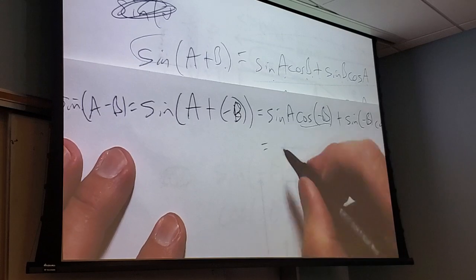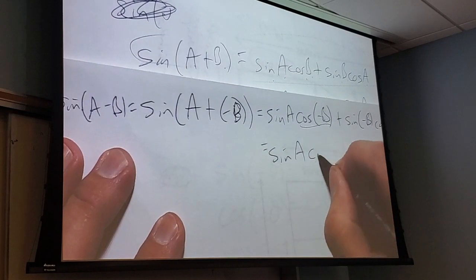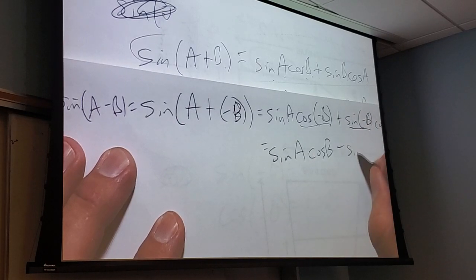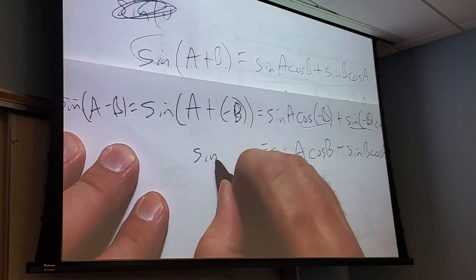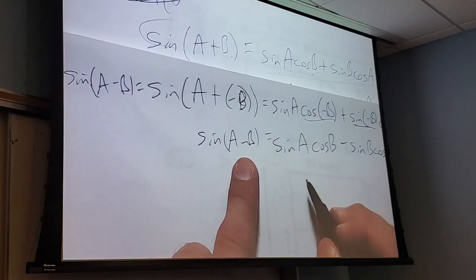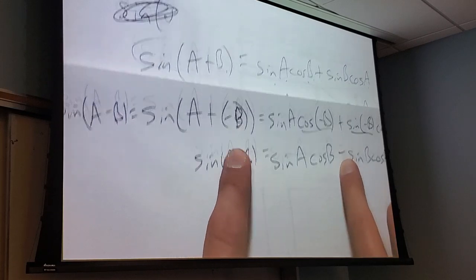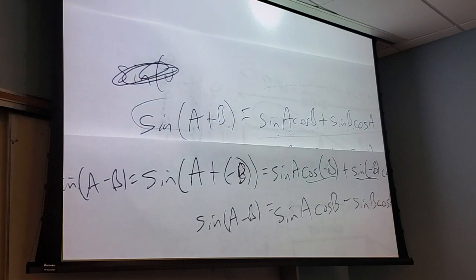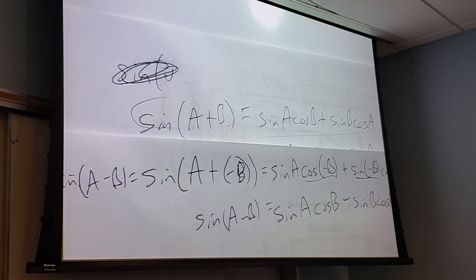Cosine B. What's sine of negative B? Negative sine B, cosine A. Do you see how the idea still holds? Sine says, oh, you got a minus? I'll keep it a minus. Oh, you got a plus? I'll keep it a plus. Are you guys with me? Again, I'm just trying to give you ways to help you remember these things, right?